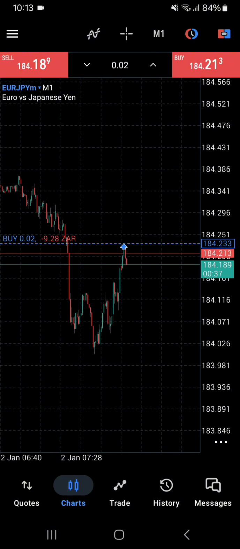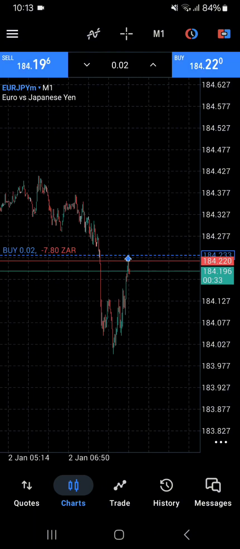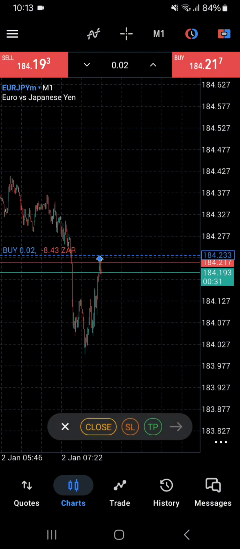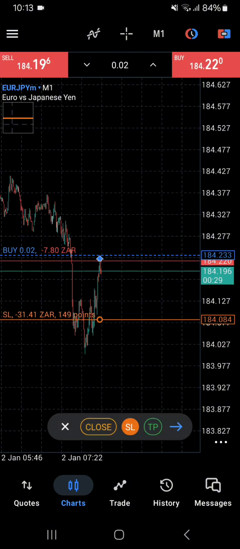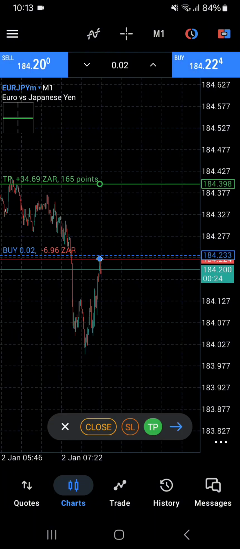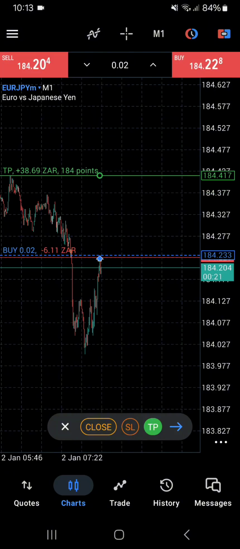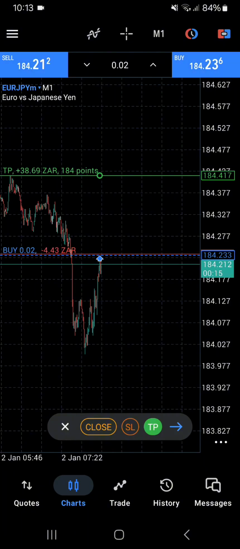No, it's not, because it no longer provides a 1:2 risk to reward. Maybe a 1:1 at best, because my stop loss is just below here, and my take profit is all the way up here. So it doesn't really look that good anymore. I'm a bit disappointed, but I'll update you guys.